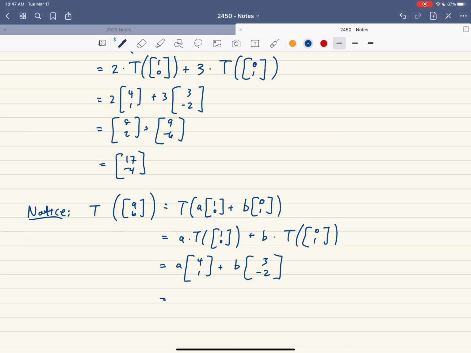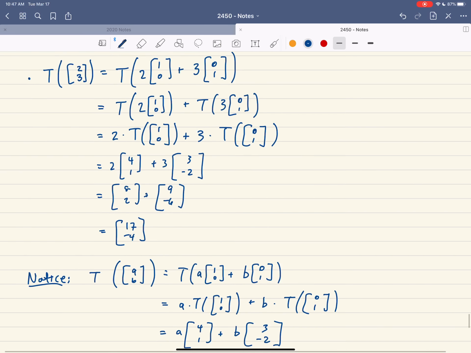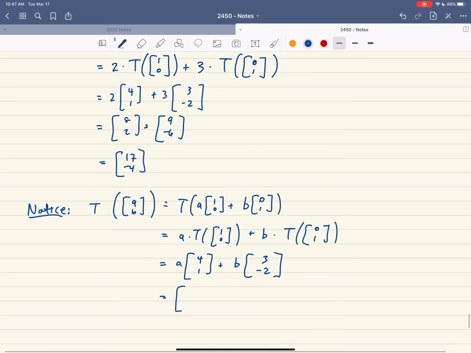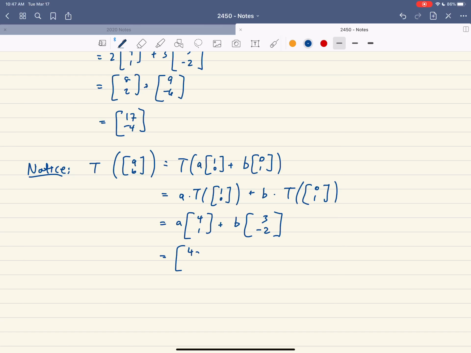And so what we end up with is exactly what we would expect if we were to straightforwardly take our x's and replace them with a's and take our y's and replace them with b's. We get that this is going to be 4a plus 3b, and in the second component, a minus 2b.